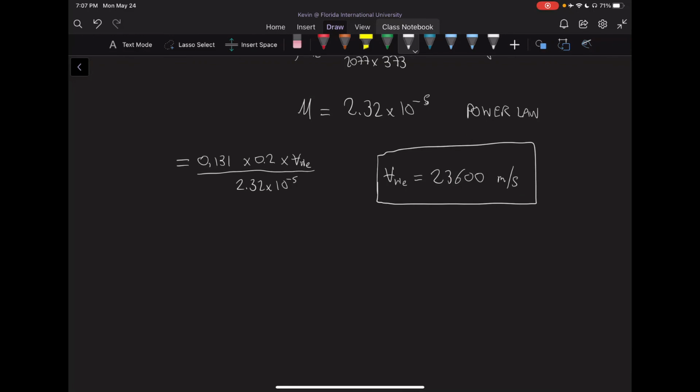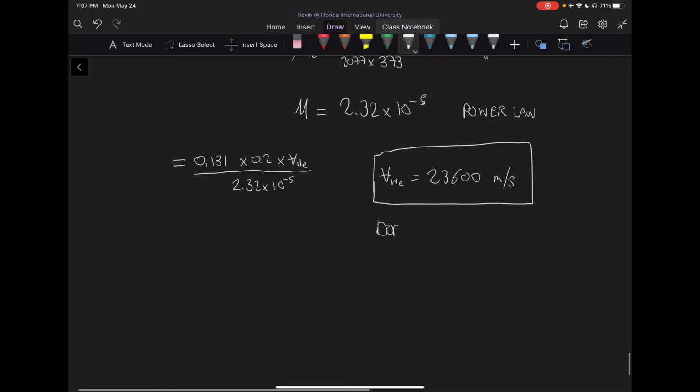So what we can write from this is that our Reynolds matched velocity does not match Mach similarity. So we have a problem.